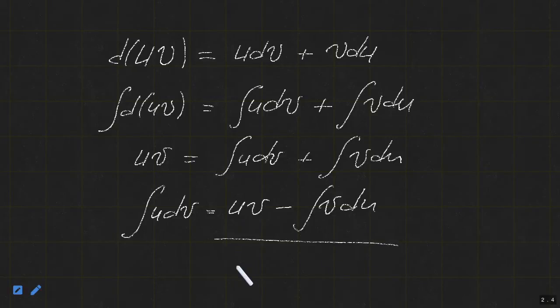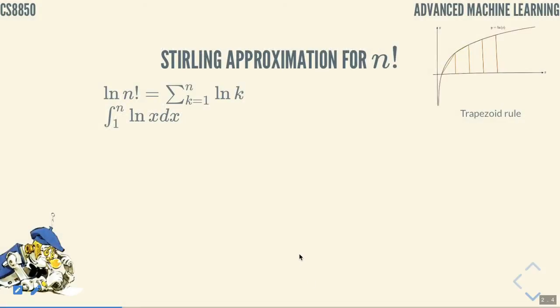With this in hand, we can use it to integrate this log x. Just reproducing it: the integral of u dv equals uv minus the integral of v du.